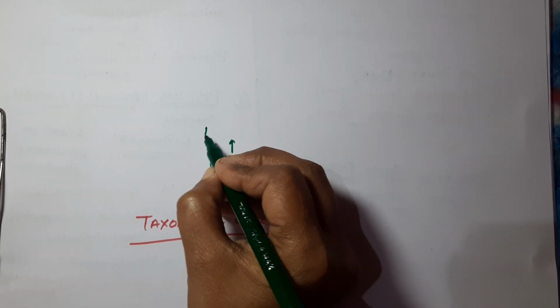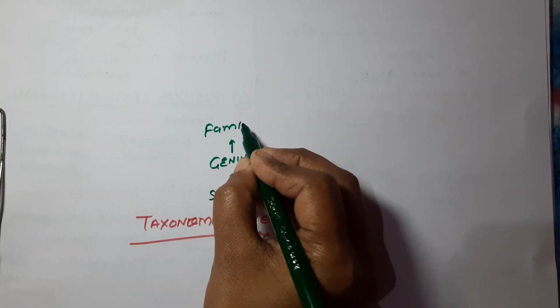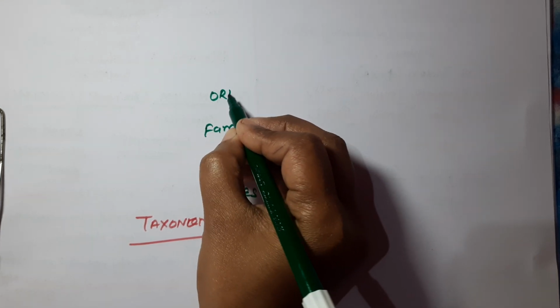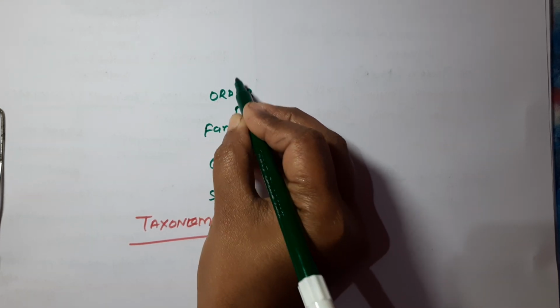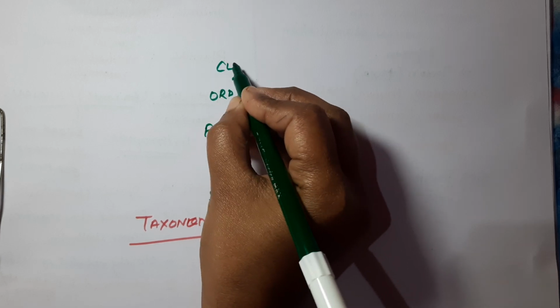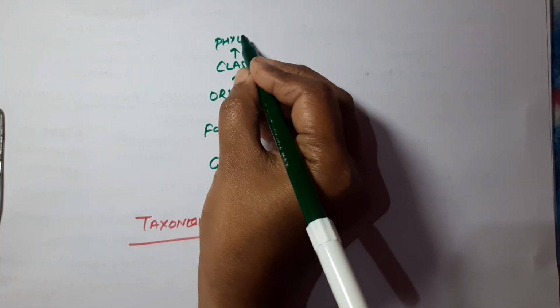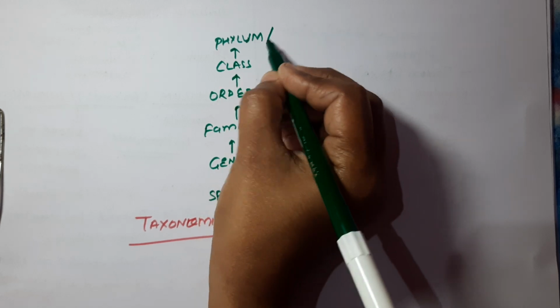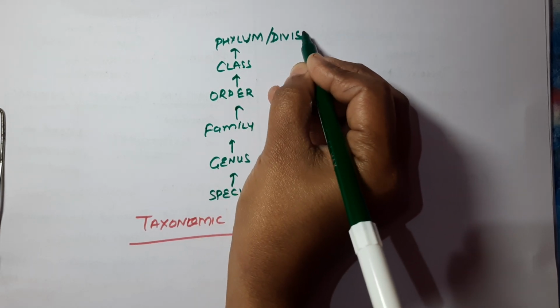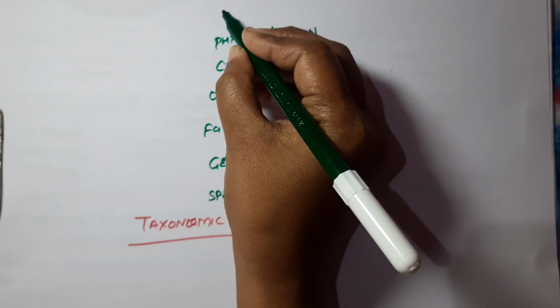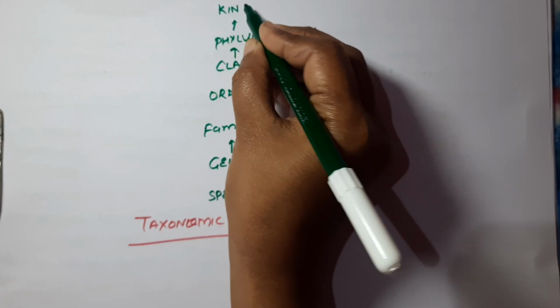Okay, then the family, then comes the order, then comes the class, then comes the phylum or division, and ultimately the topmost is the kingdom.